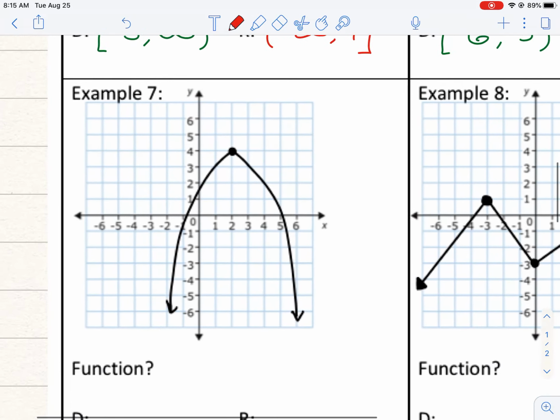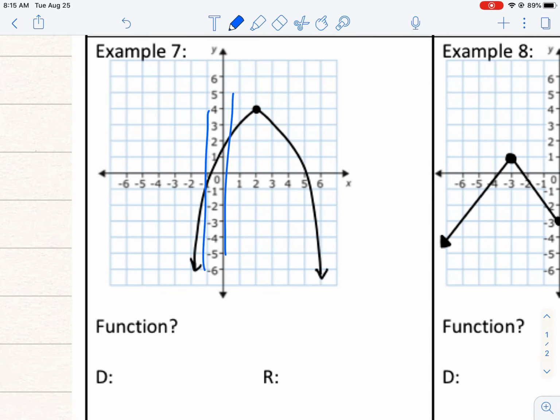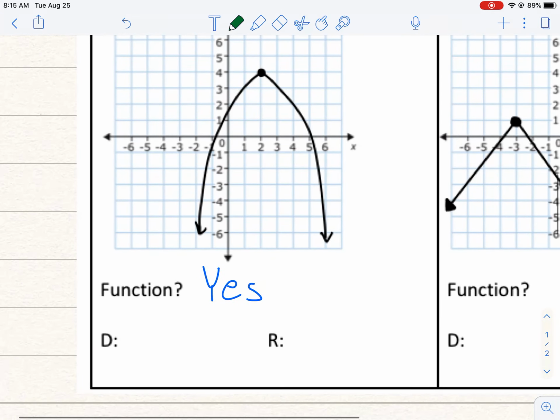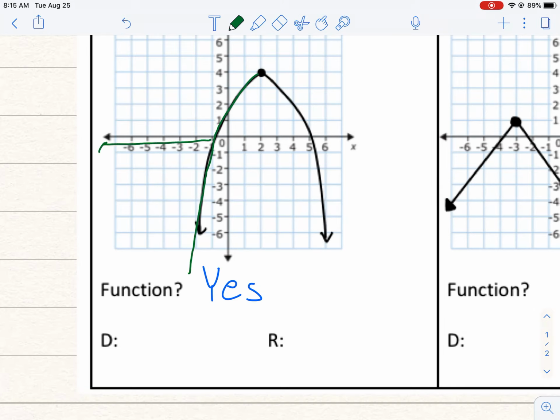Moving along to example 7. Function yes or no. I can draw vertical lines and see that it's hitting only once each time. So yes, it is in fact a function. For my domain, this one's kind of tricky because this arrow is pointing down and down and down, but it's also going to the negative infinity all the way out this way.